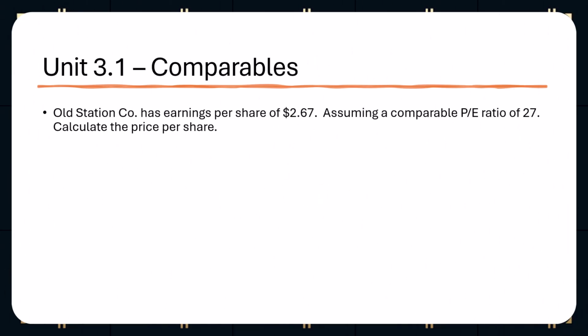Okay, Old Station Co. has earnings per share of $2.67. The comparable or benchmark PE ratio is 27. Calculate the price per share. Well, recall our equation says that the estimated price is simply equal to the company's value of EPS, or whatever metric you're using, times the benchmark ratio, or comparable PE.